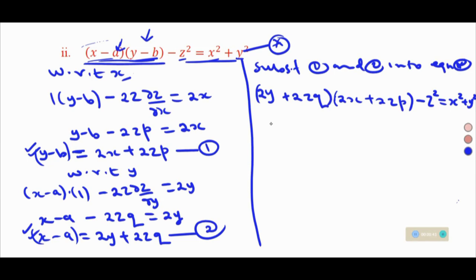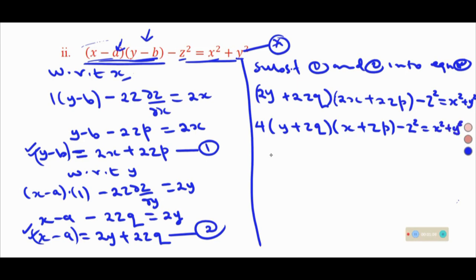So we can try to simplify this. This is same as 2 outside. This is also 2, so it will give us 4. So that is 4 into y plus zq into x plus zp minus z squared, which is equal to x squared plus y squared.